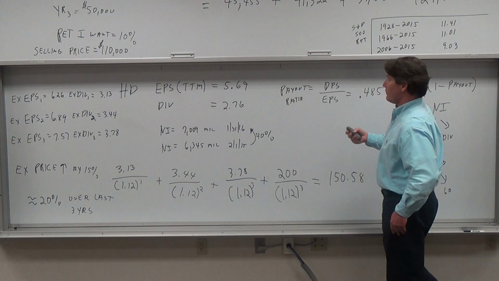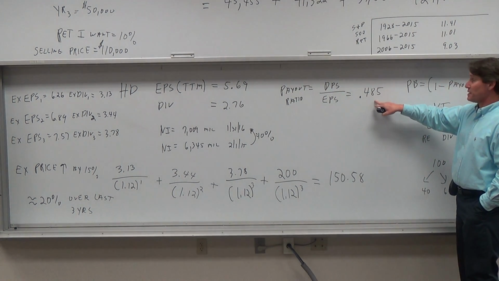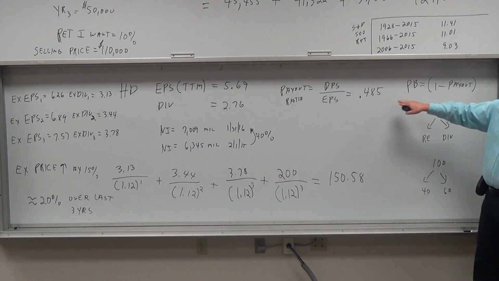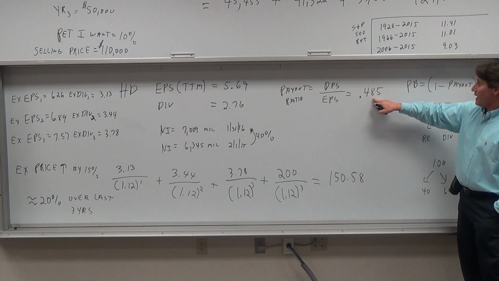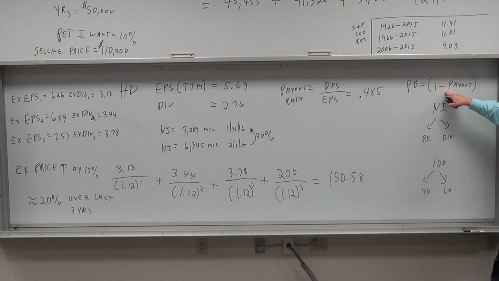They put the other half back into the business. So the payout ratio is about 48.5. If I round this to 49, then they're plowing back about 51%, 51.5%, back into the business.